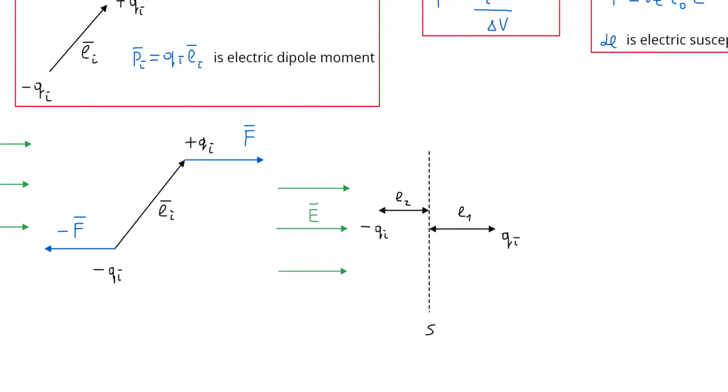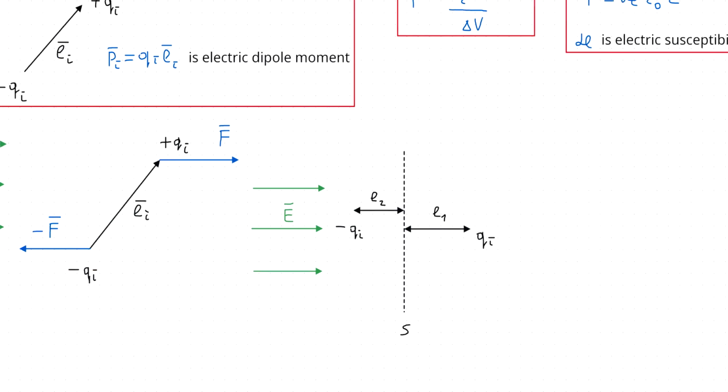Okay, and the question is how to define a change of bound charges on one side of the surface. How to define the change of bound charge?